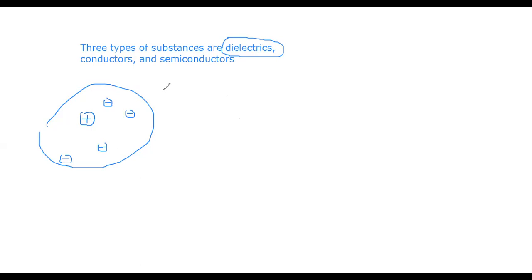You know that salt is sodium chloride. It consists of two types of ions.